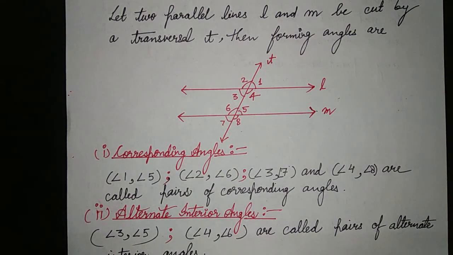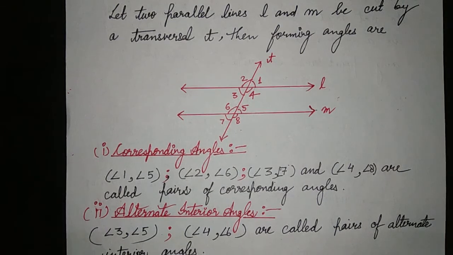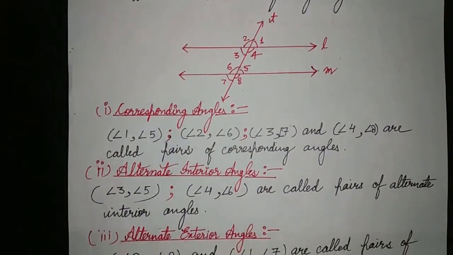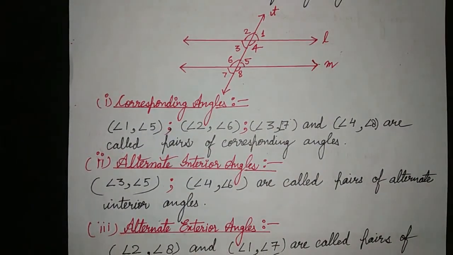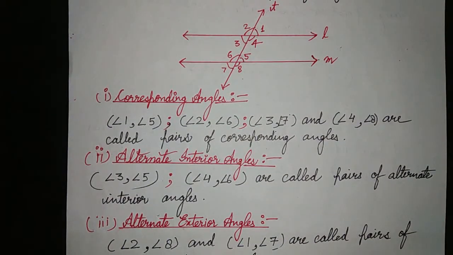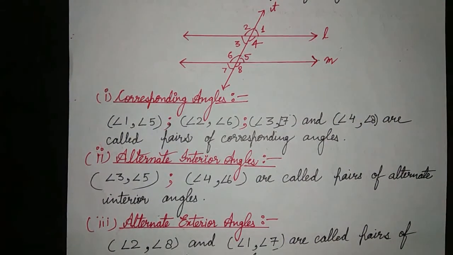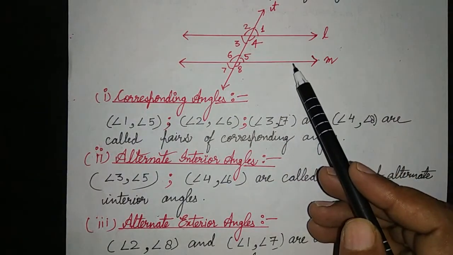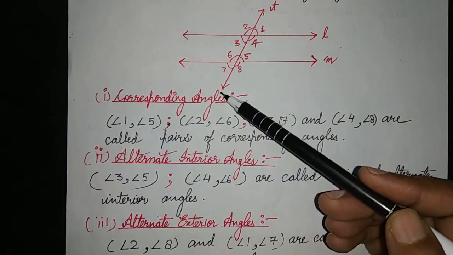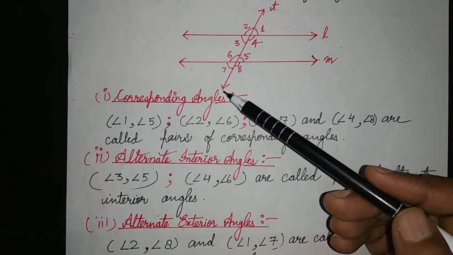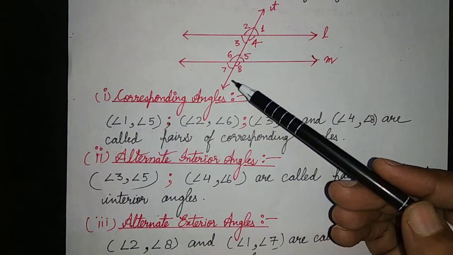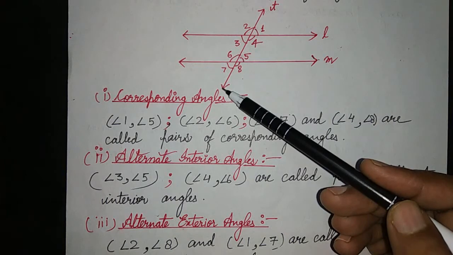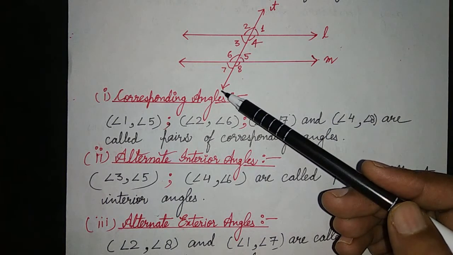Okay. Now we will talk about alternate exterior angles. Children, alternate exterior angles form outside the parallel lines on the transversal line. Okay. Now see the first pair of alternate exterior angles.